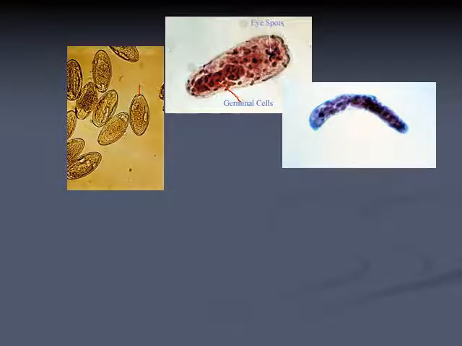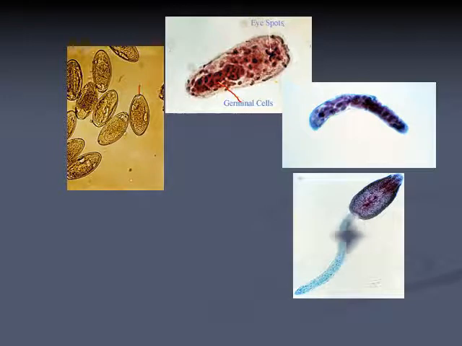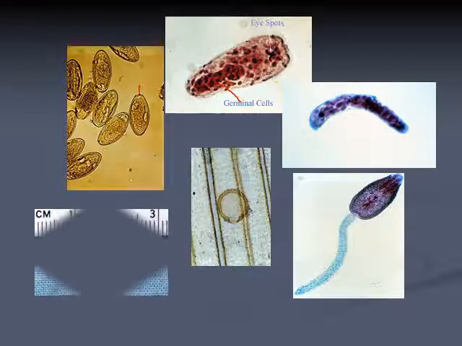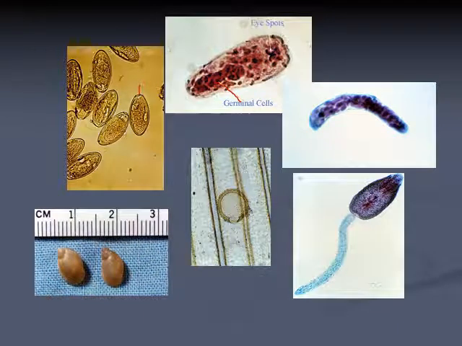This is the redia of Fasciola. This is the cercaria of Fasciola, simple tail. Finally, the encysted metacercaria on the grass, and this is the snail host of Fasciola, which is called Lymnaea.